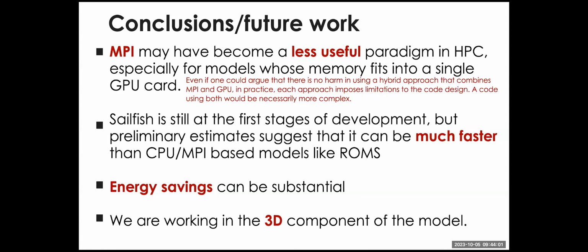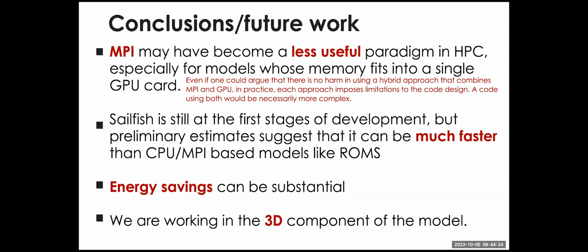You can have MPI and GPU, but it's not really true because eventually you have to pass the memory from the GPU to the CPU. And well, there are additional complications by having two different approaches. So we believe that it is better if you focus on just one. And in our case, we have focused on GPU only.